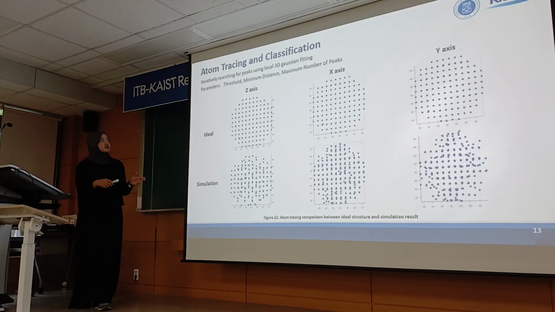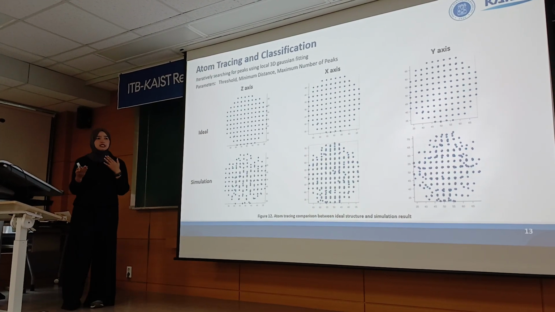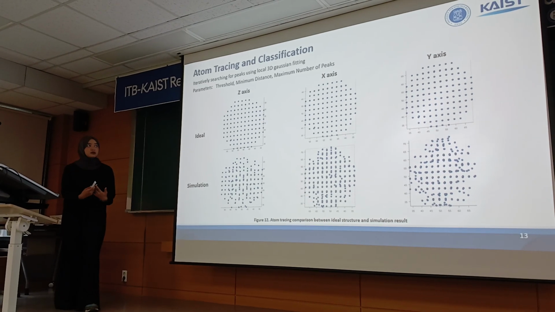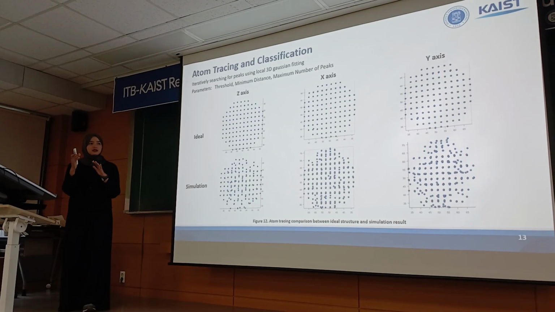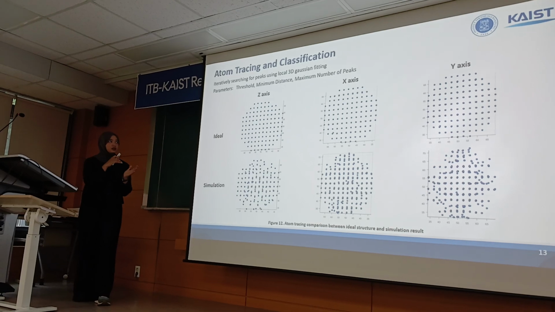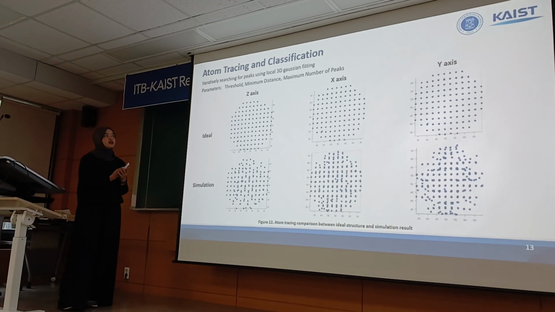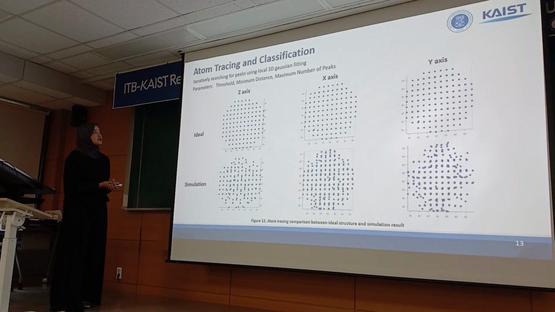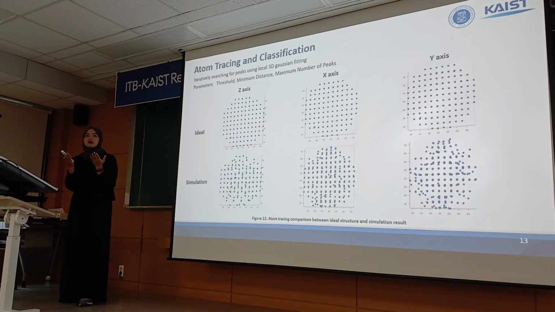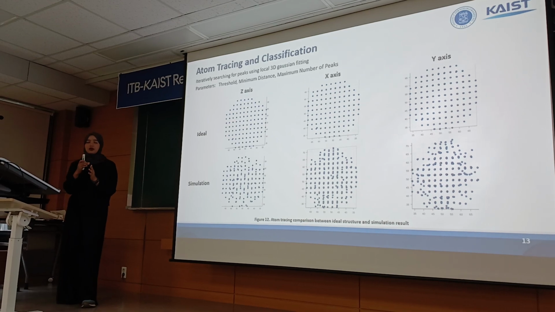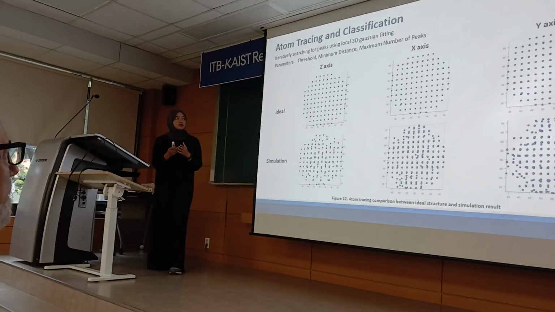There are several parameters, such as the threshold, which represents the minimum peak intensity that we can consider as an atom. Any peaks lower than this threshold, we throw away and consider as non-atoms. There is also the minimum distance, which represents the minimum distance between two peaks for them to be considered distinct atoms.